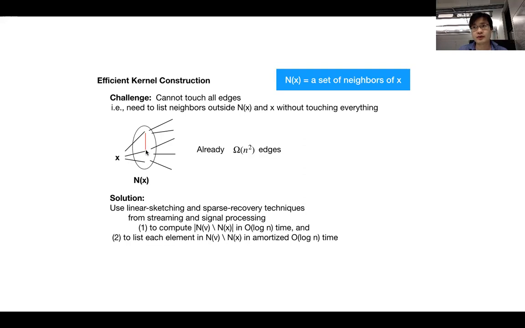The solution in the paper is that we use linear sketching and sparse recovery techniques from the streaming and signal processing community to list elements outside of the neighborhood of x in log n time, and then to also estimate the size of the neighborhood that goes outside in log n time.